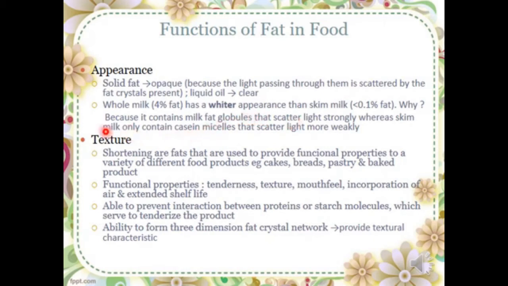In terms of texture, shortenings are fats that are used to provide functional properties, especially for baked products, for example cakes, breads, and pastry. Examples of functional properties given by shortening are tenderness, texture, mouthfeel, and incorporation of air so that it looks more fluffy, and at the same time extending the shelf life of the baked products.